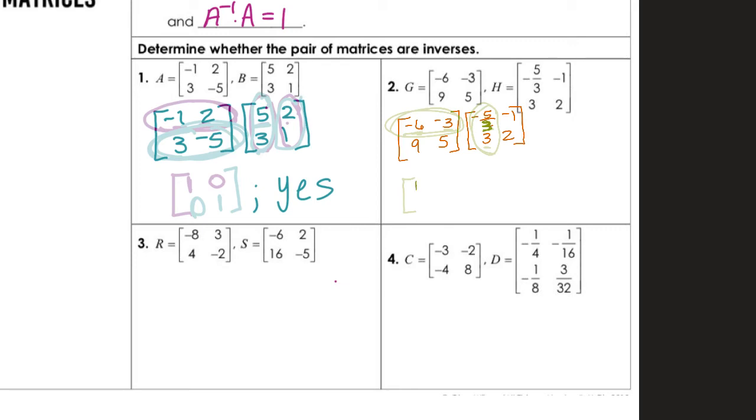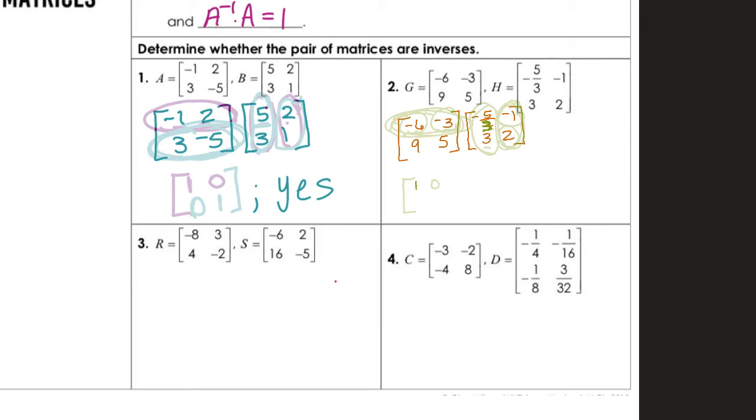Okay, now let's go to the other and multiply. That's going to be 6 and -6, so that's going to be 0, isn't it? Right here to here, it's -6 times -1, and then plus -3 times 2. So that's going to give you 0.